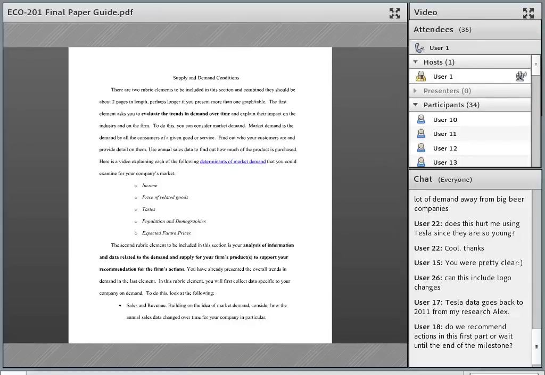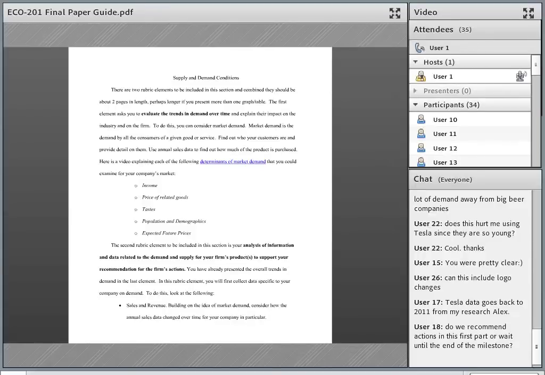The easiest way to start this off, which is why we've outlined it here, is to look at the sales or the revenue for your company. That's really step one, and that is all provided in the annual reports. This is one of the many reasons that you have to pick a publicly traded company, because you'll get all of this information through the annual reports that they have to file.